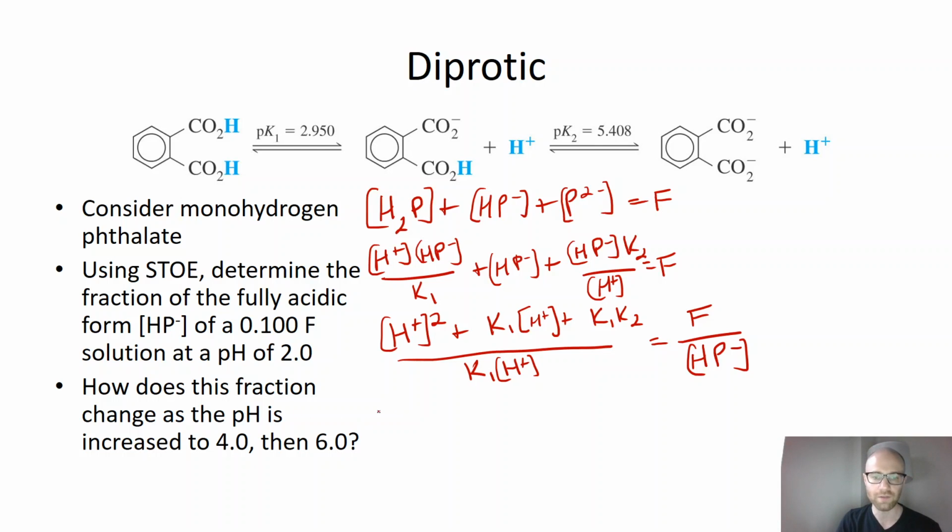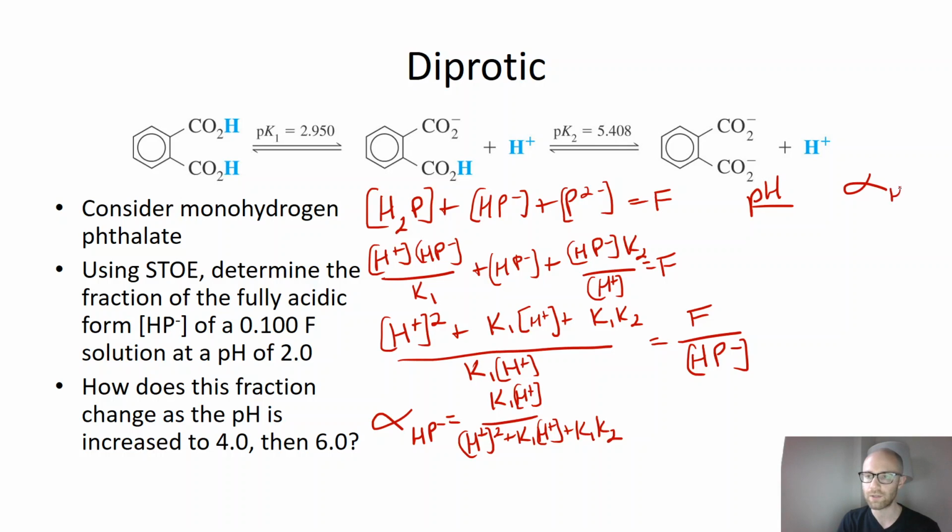If you flip this, what you end up with is the alpha in the HP minus form is equal to K1 H plus over H plus squared plus K1 H plus K1 K2. And then we can do the same thing and plug in our numbers.